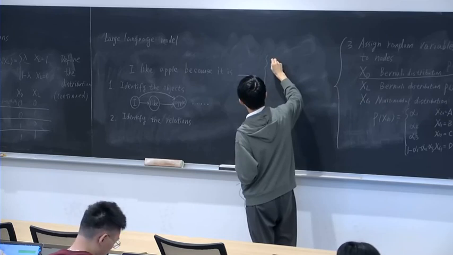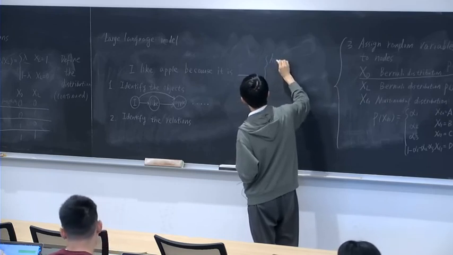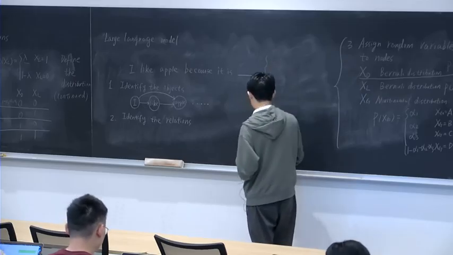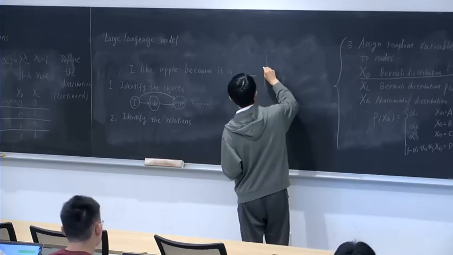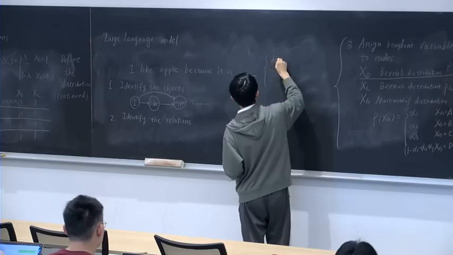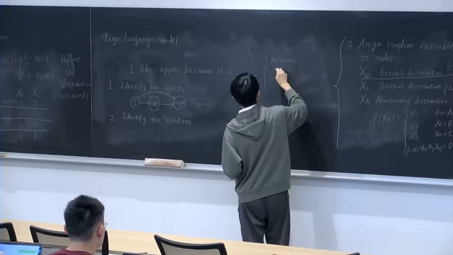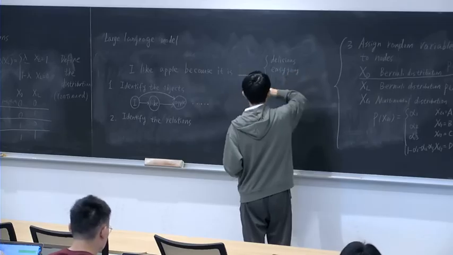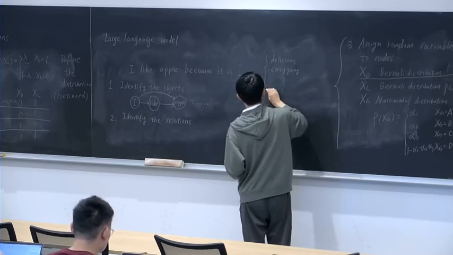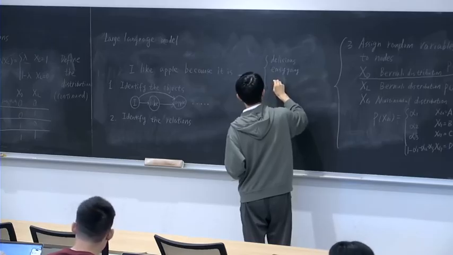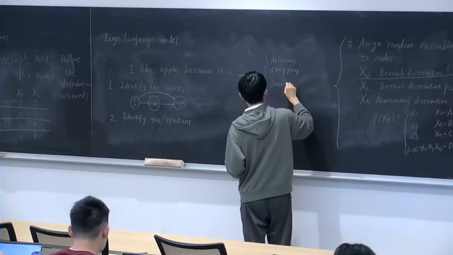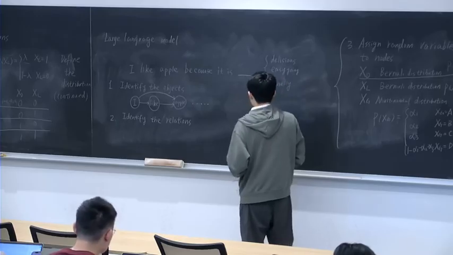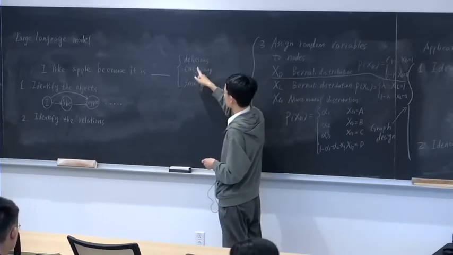Let's say we have three choices for the next word: delicious, easygoing, and smelly.